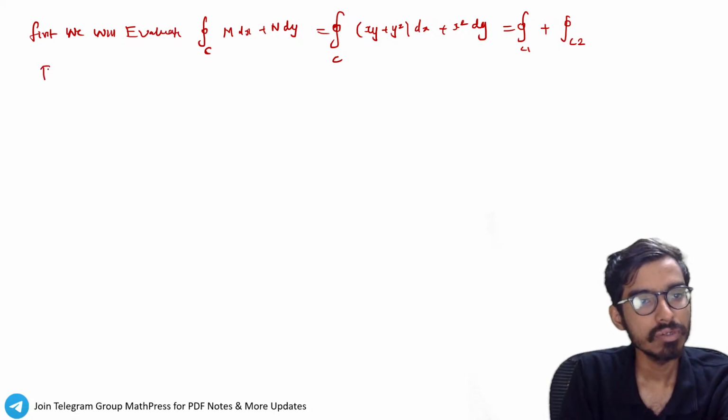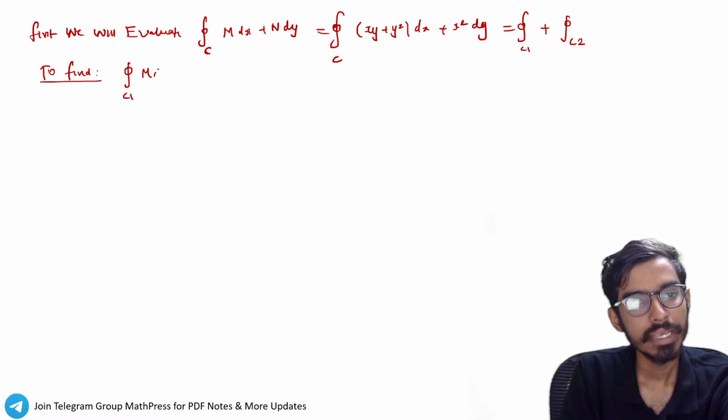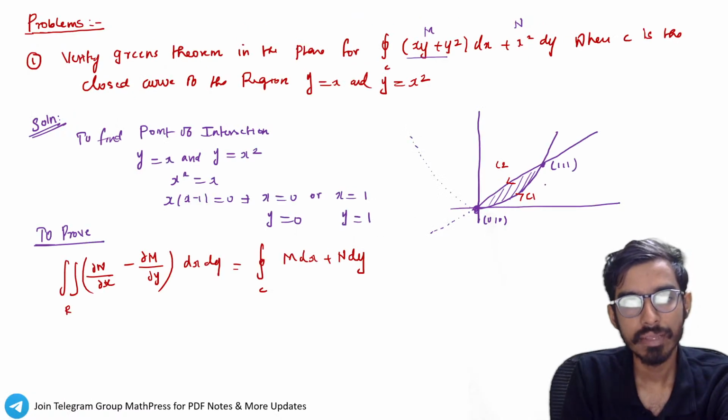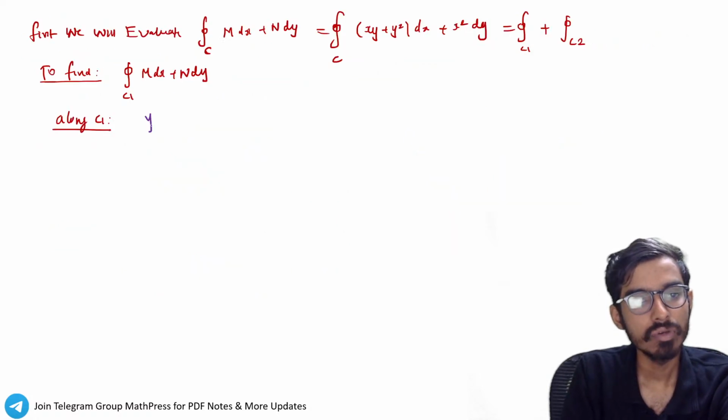So to find the integral over C1 of m dx plus n dy, along C1, you can see this is the curve y is equal to x square. So along the curve C1, y is equal to x square.